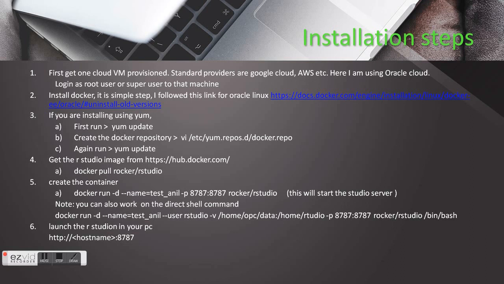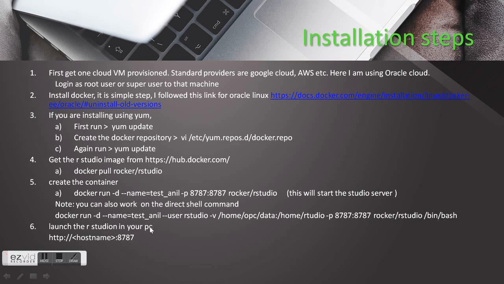Now get the Rstudio from hub.docker.com, pull that image. After that, create the container. It's a simple command. This will start the Rstudio server. In case you want to directly access the shell, you can give the same command, and at last give bin/bash. Now launch the Rstudio in your PC.